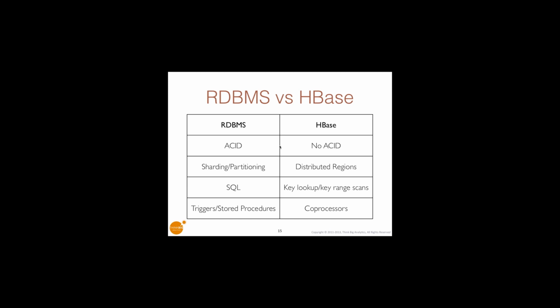Where we see in traditional relational databases the term sharding or data partitioning, HBase has a similar function in distributed regions. That is to say, at every single node in a cluster, you can set up a region server that manages different regions. So your data is spread across the cluster so that you have better and faster access.